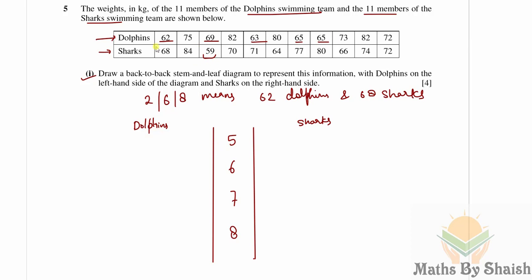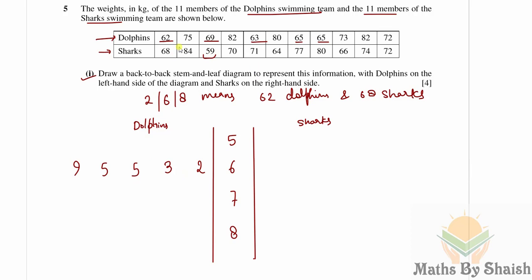We'll write in ascending order. The least value is 62, so it is going to be 2 here, then 63, so 3, and then 65 twice, so 5 and 5 here, and then 69, so 9 here. That should be equally spaced.